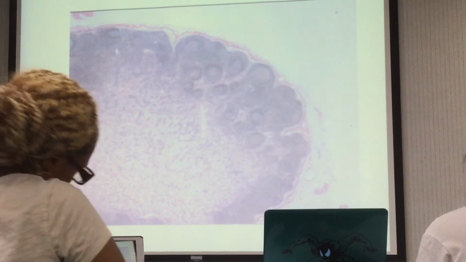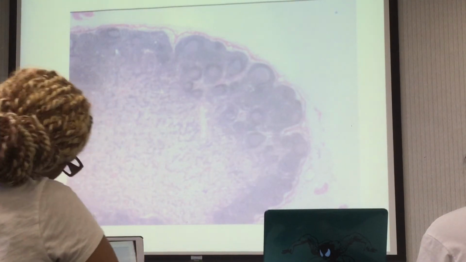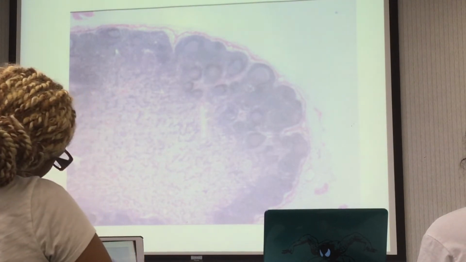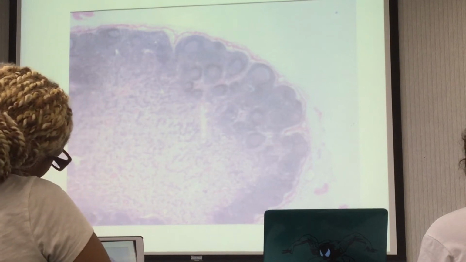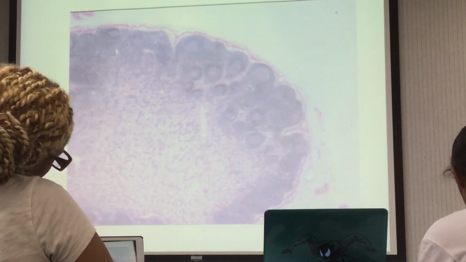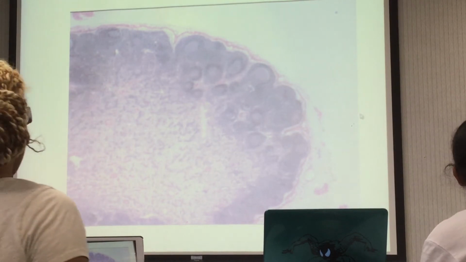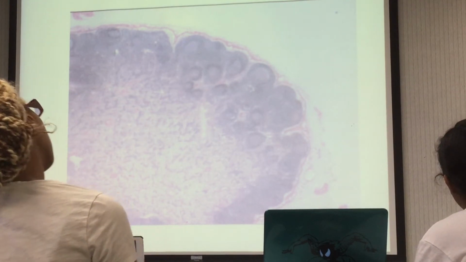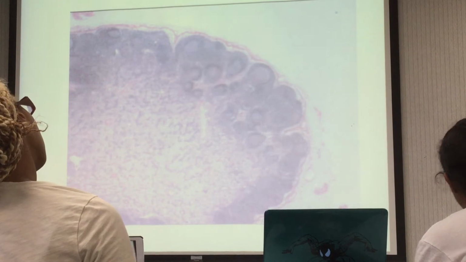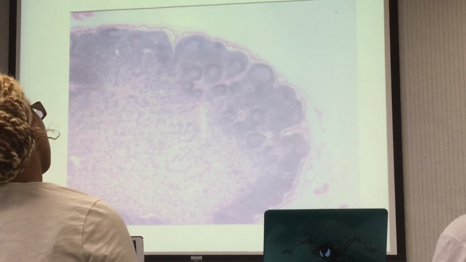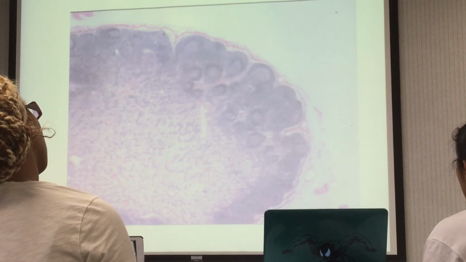These structures are hard to see and the PowerPoints are not very clear, so I'll be very lenient, not showing very hard structures. This is a lymph node, so that's the first thing you should know. If I put the arrow here, what do you call this area?